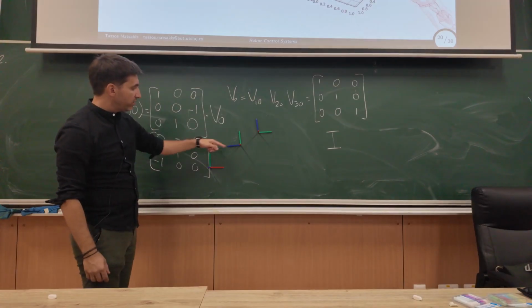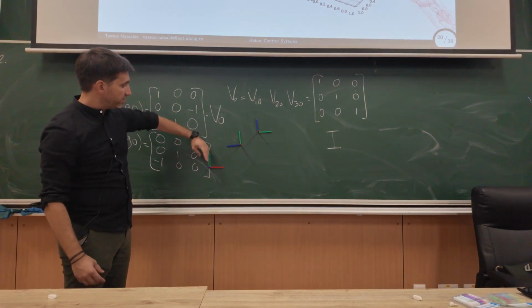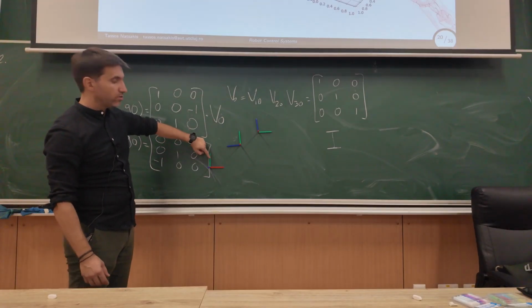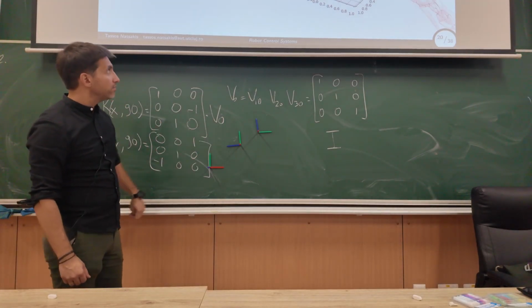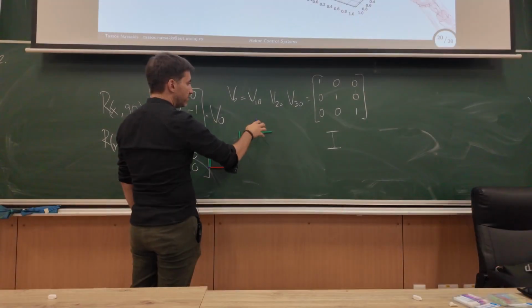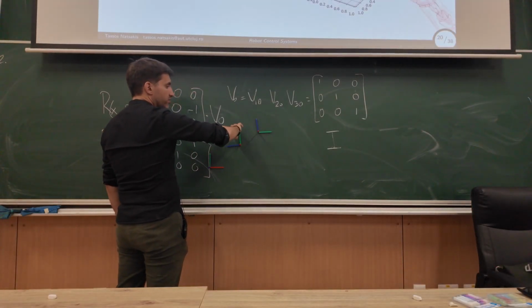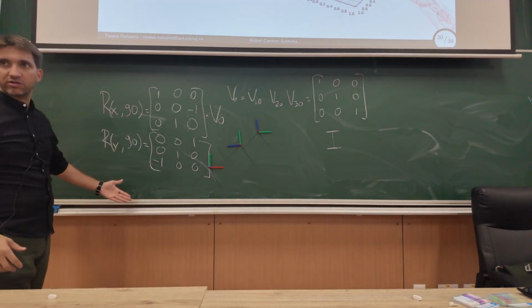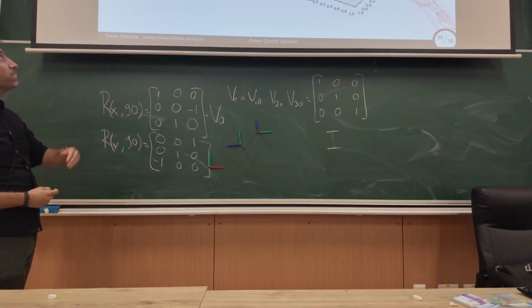And then what I do between this one and this one is I rotate around the green axis, so y, right? I can do this by subsequently multiplying with this transformation. So I start with identity, I rotate around some axis, and then I can rotate around another axis. I can do as many rotations as I want, right?